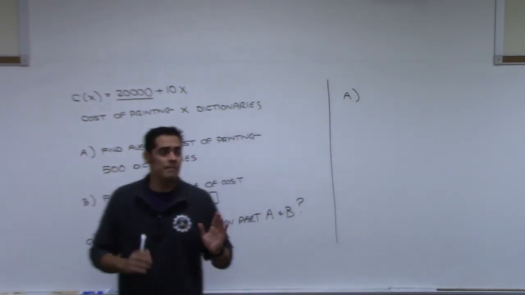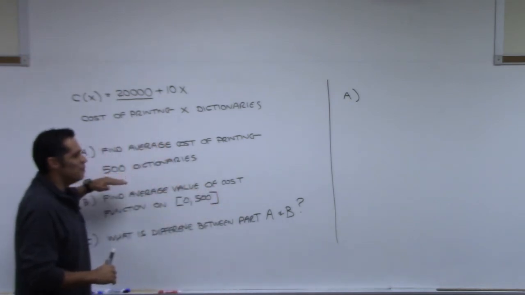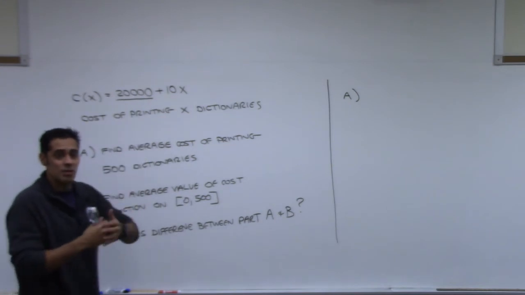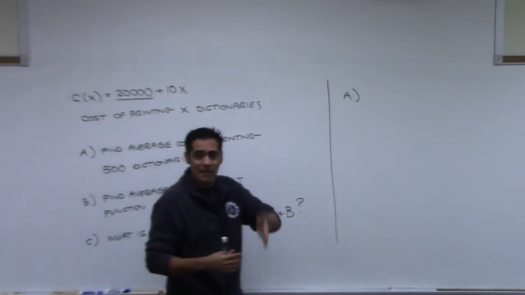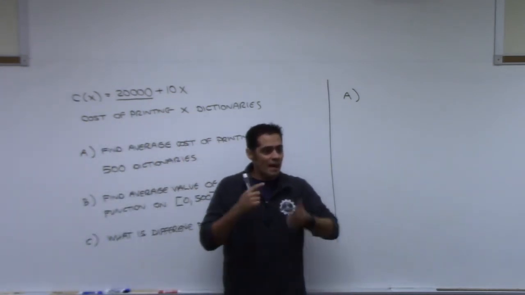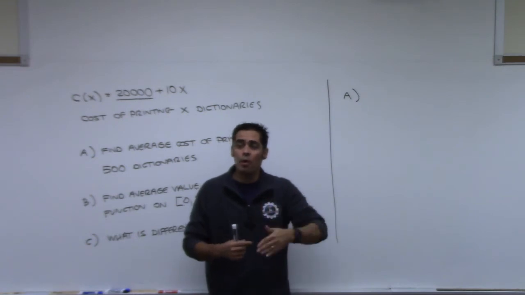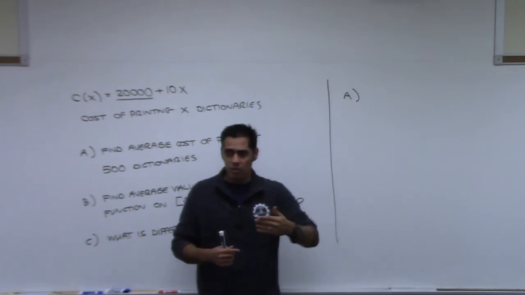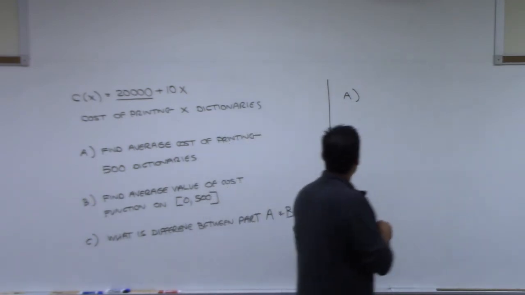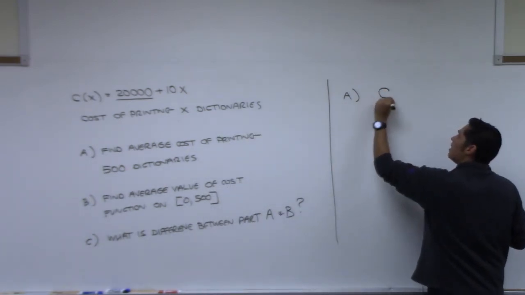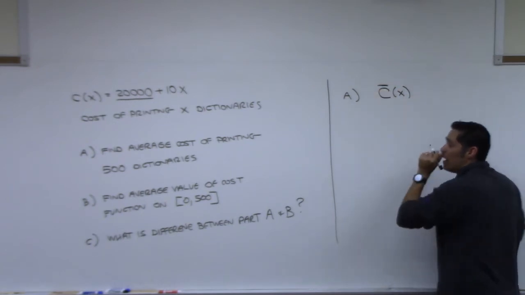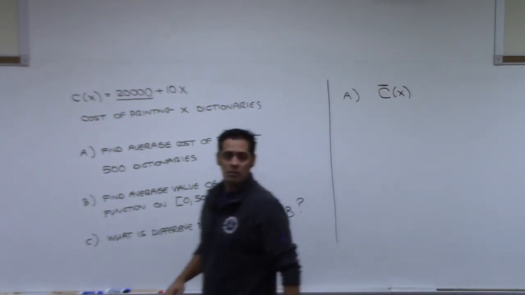Think of it this way: if you plug 500 in there, that gives you the total cost of printing exactly 500 dictionaries. The average cost is the cost per dictionary. So what we need to use is the average cost function. Do you recall seeing that function earlier in this class and in 1324?